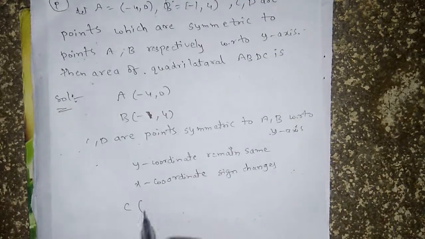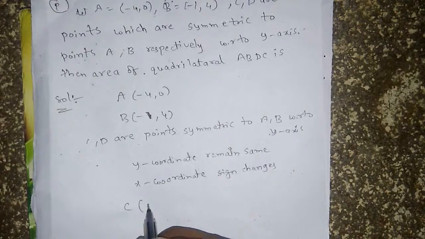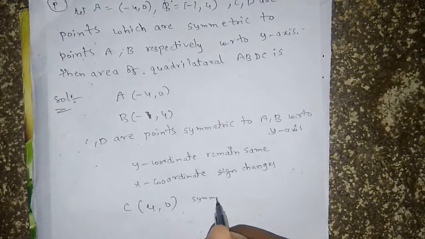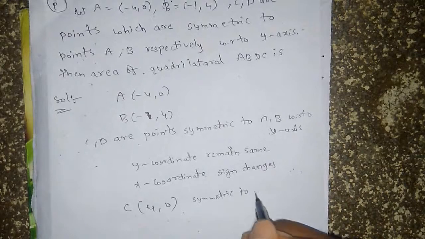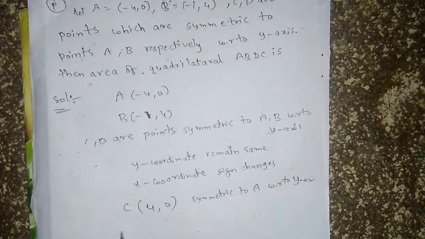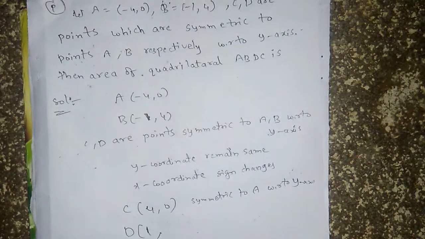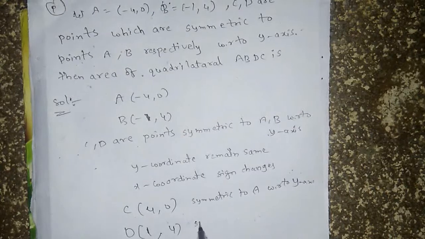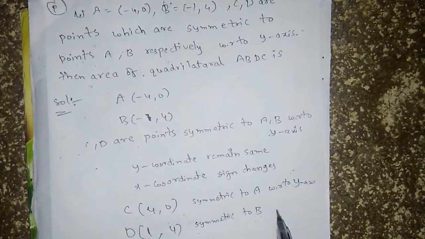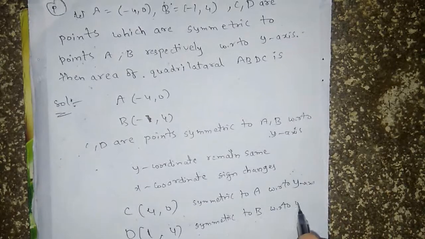That is C is 4 comma 0 symmetric to A with respect to y-axis. Similarly D is x coordinate sign changes, y coordinate remains, 1 comma 4 symmetric to B with respect to y-axis.